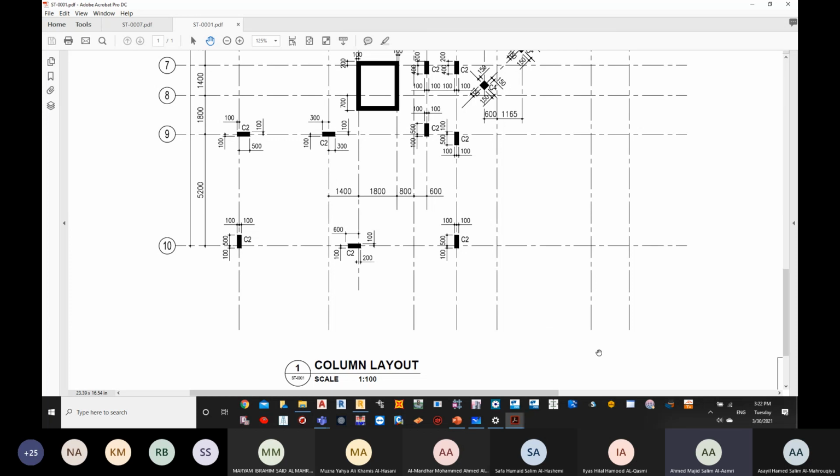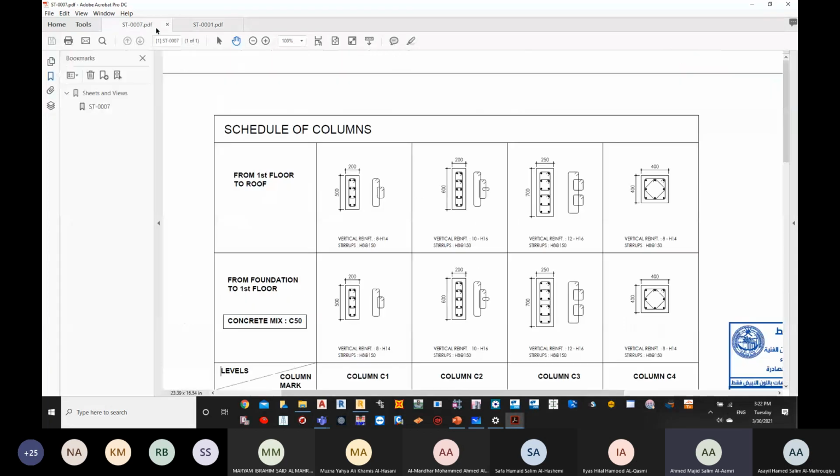Because of the space limitation, we have kept it in another sheet. So you can see here that we are keeping the width of the column normally to be 200, unless there is a restriction that the load is too much. You cannot go for something more.